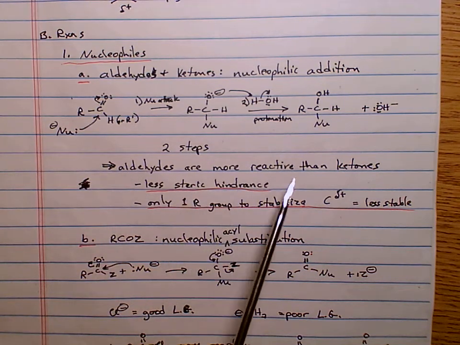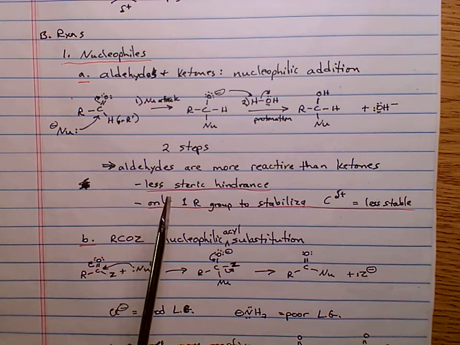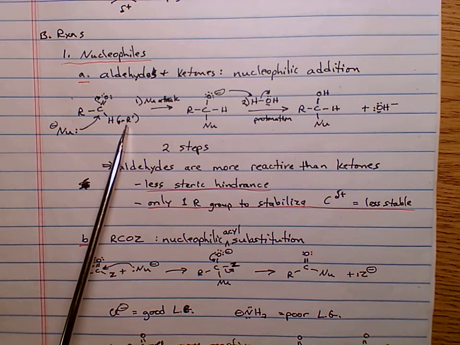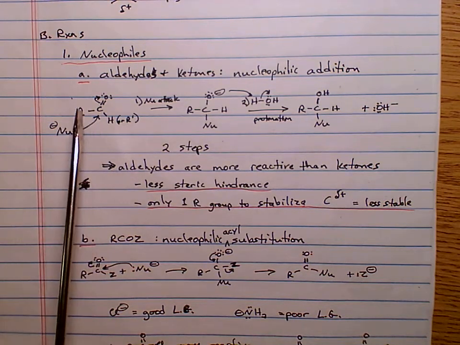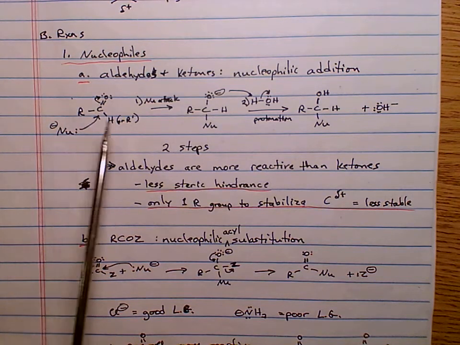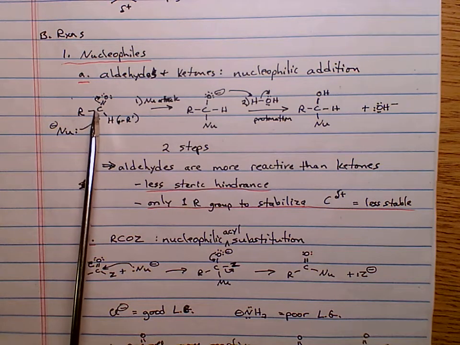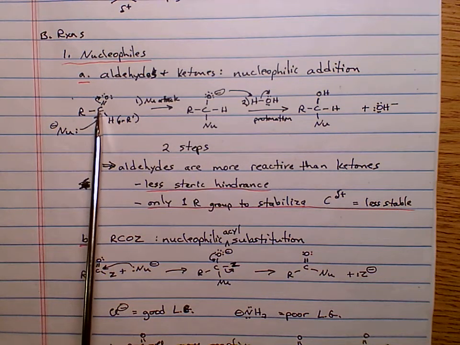Note, aldehydes are more reactive than ketones towards nucleophilic addition, because there's less steric hindrance. A hydrogen is less sterically hindered than an alkyl group. And recall from previous chapters, alkyl groups are slightly electron donating. So the two R groups, each one of them will donate a little bit of electron density to this carbon, making that carbon slightly less positively charged.